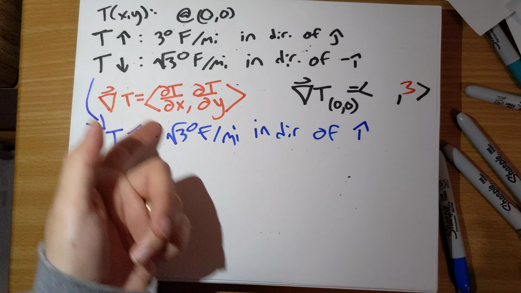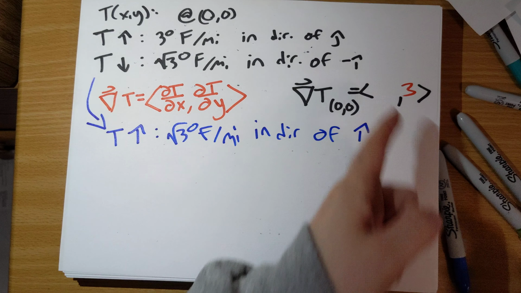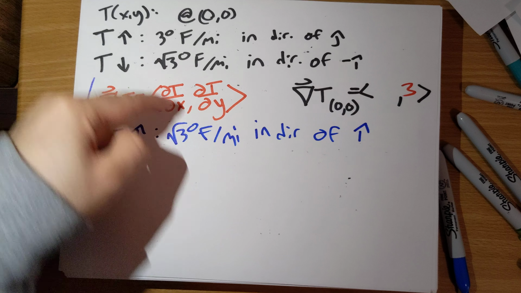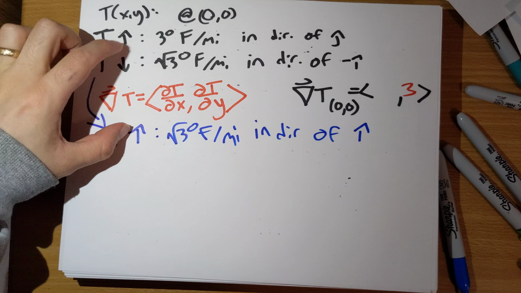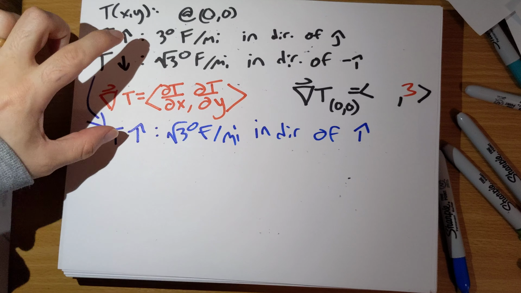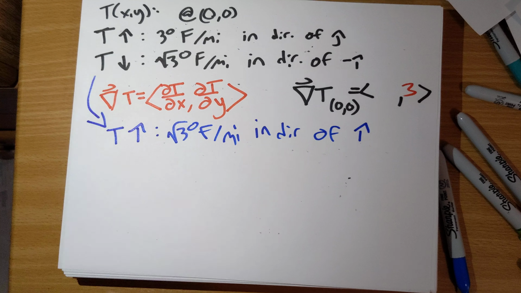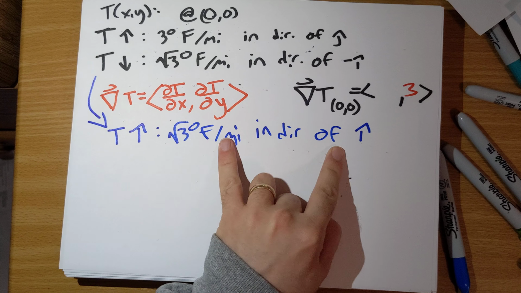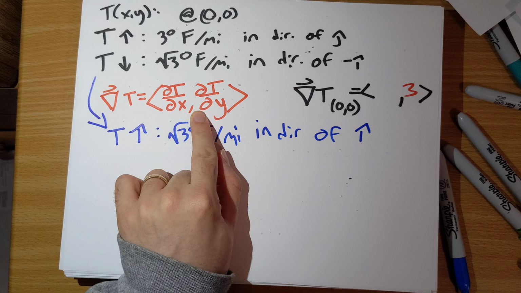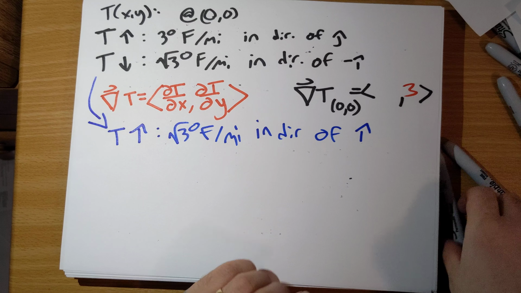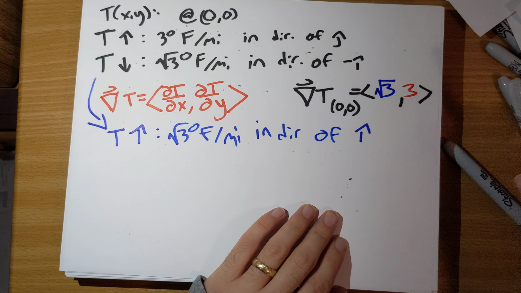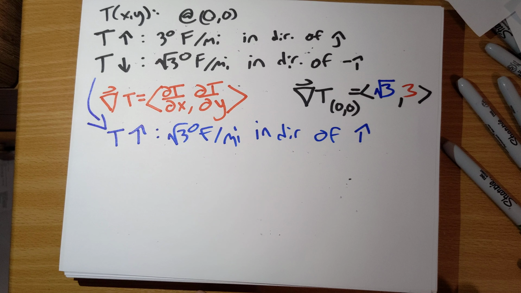You change the direction by 180 degrees, pi radians, and you exactly change by a negative sign. Decrease becomes increase and vice versa. So this information tells us right here that dT/dx at the origin must be square root 3. And so this right here, this is our gradient at the origin.